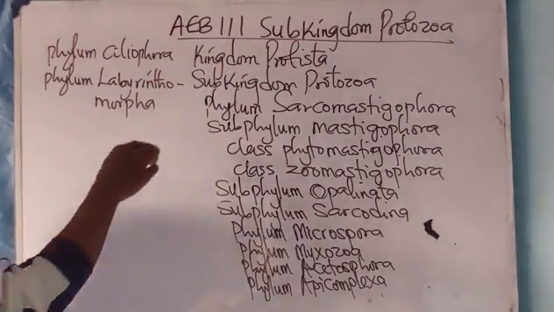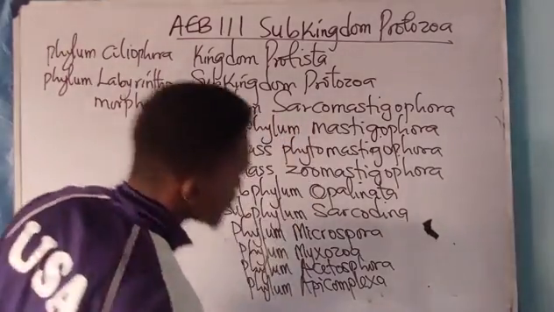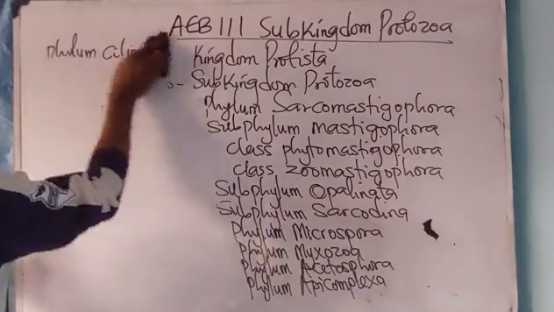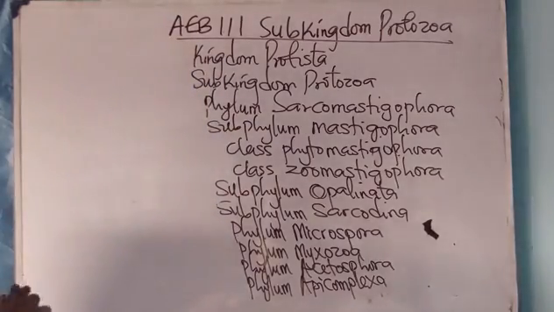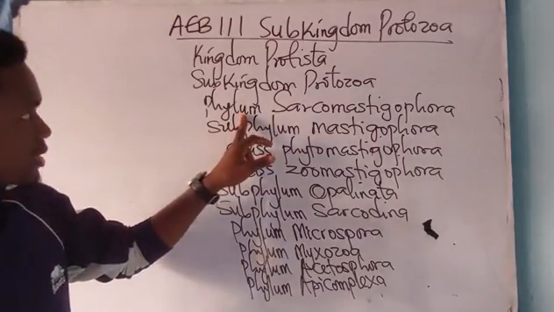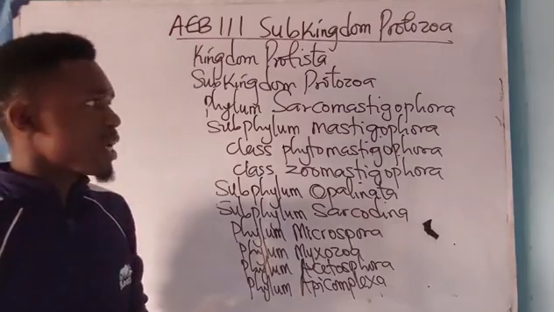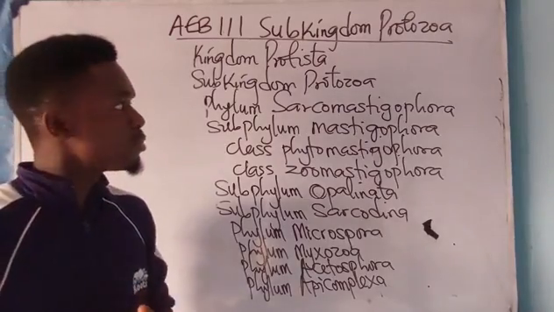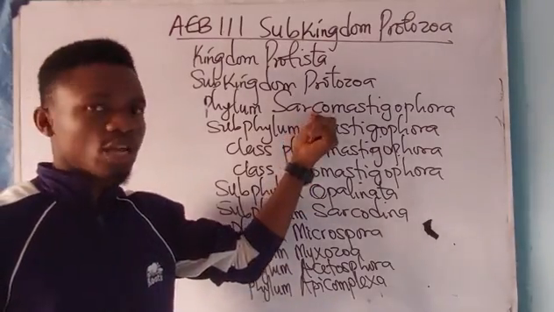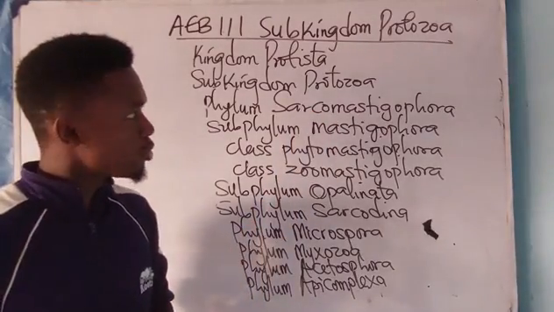So I've given us enough time to go through this on the board. So let's start with this first one, Phylum Sarcomastigophora. I will not spend long on it because it's quite simple. I said earlier that the Phylum Sarcomastigophora is a phylum that houses organisms that use both flagella and pseudopodia for what? Locomotion.